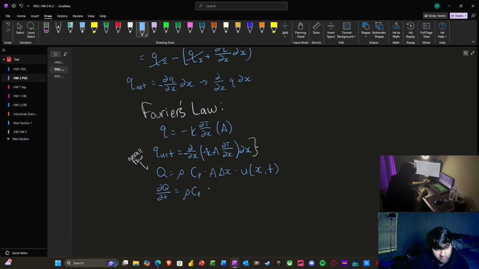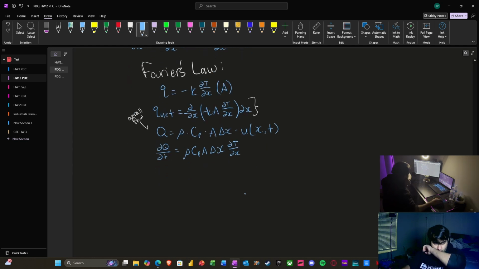Since these are constants, they don't change, except for the fact that we're going to add our dT over dt.